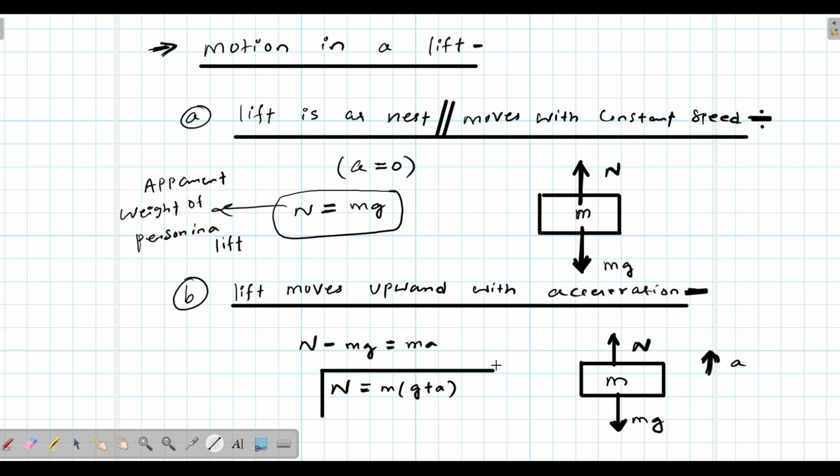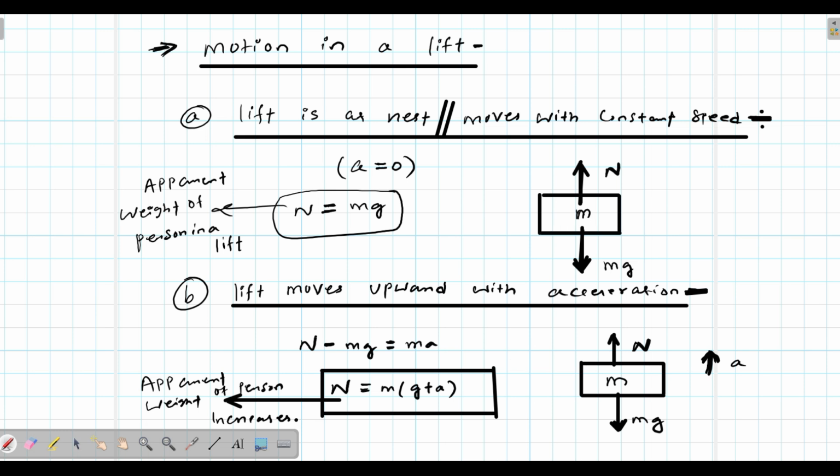So apparent weight of person in a lift increases.